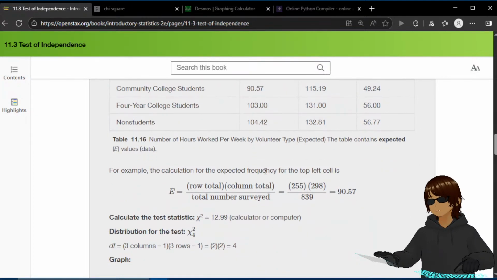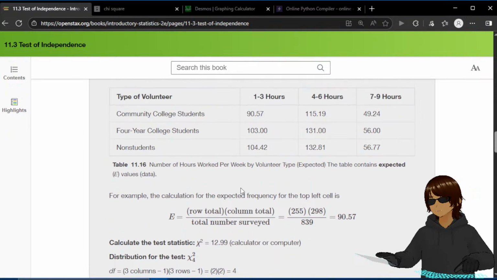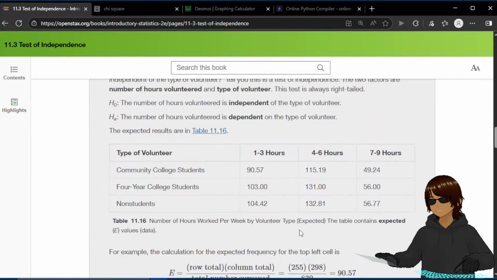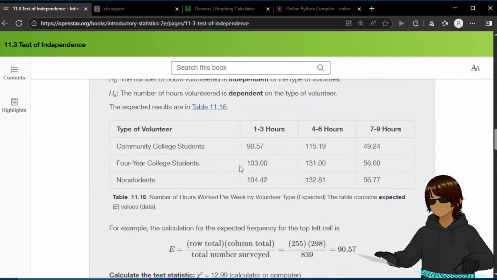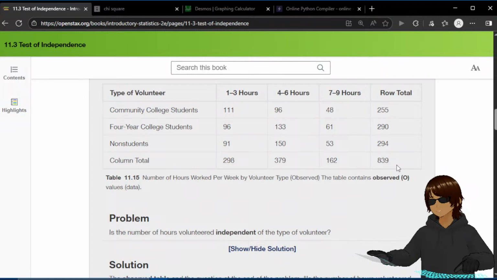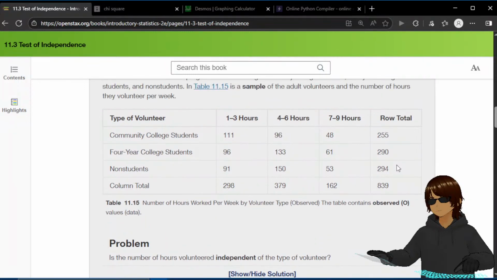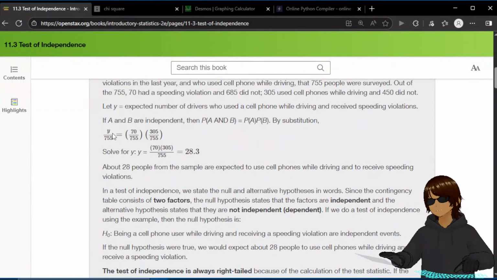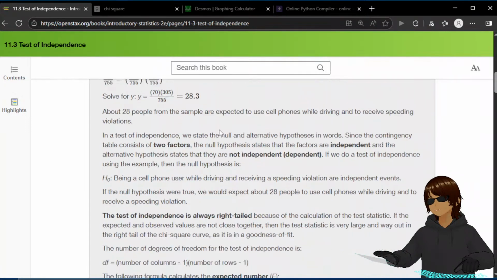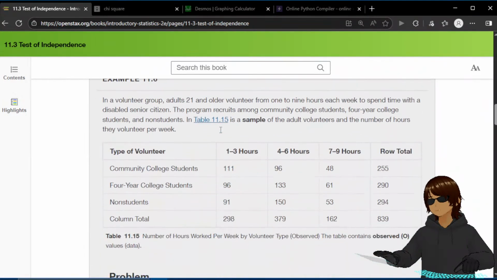The calculation for the expected frequency for the top left cell is 90.57. Row total times column total divided by, okay, so 255 times 298 divided by 839. That is what I said earlier. Okay, now I understand. This is if they were independent, right?